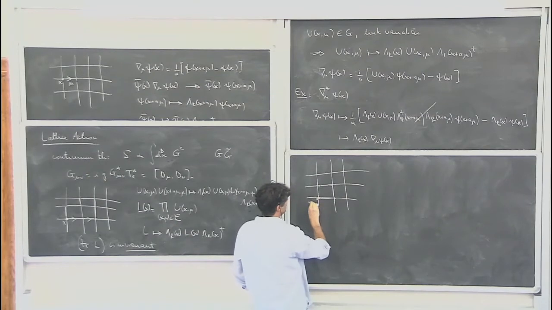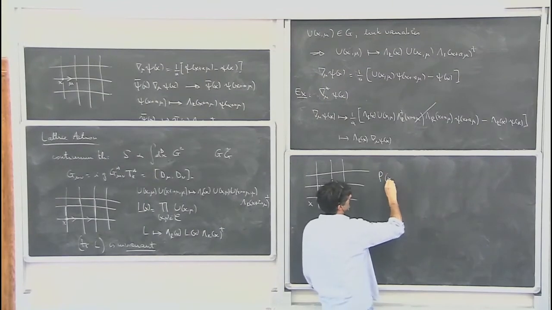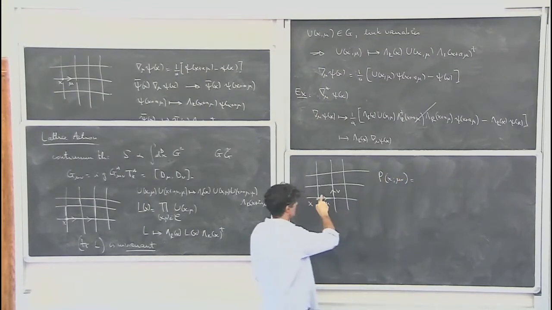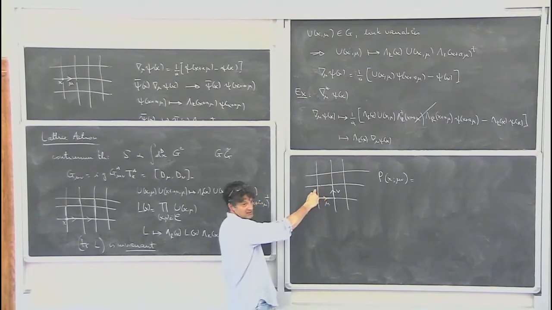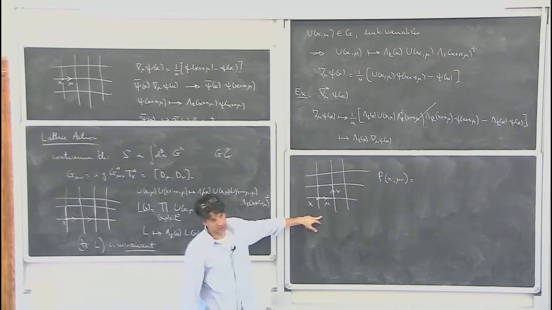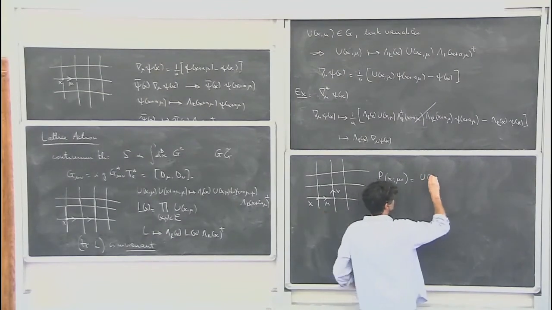So starting at x, direction mu, I'm going to call P of x, mu nu the product of these 4 links. Allow me not to write them explicitly, so it's just the product of these 4.